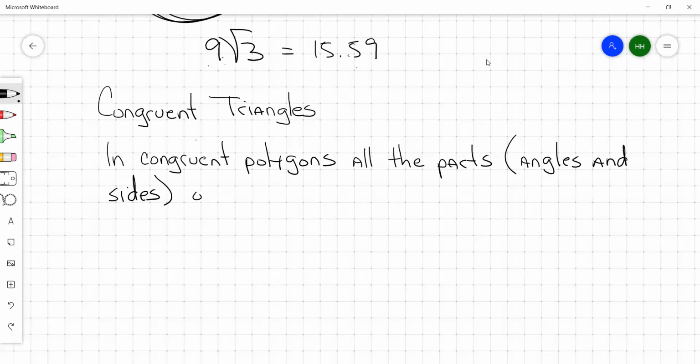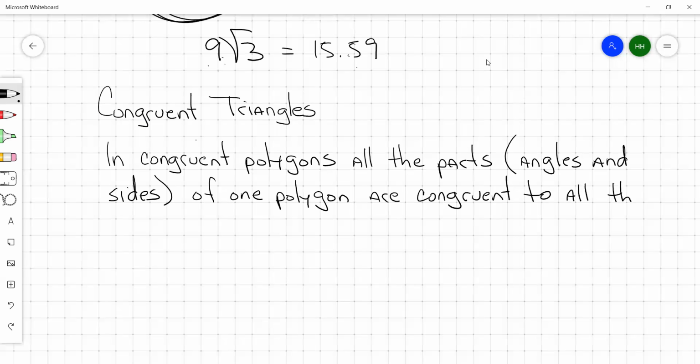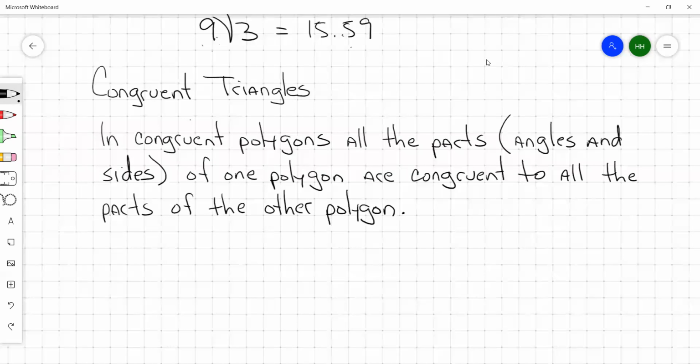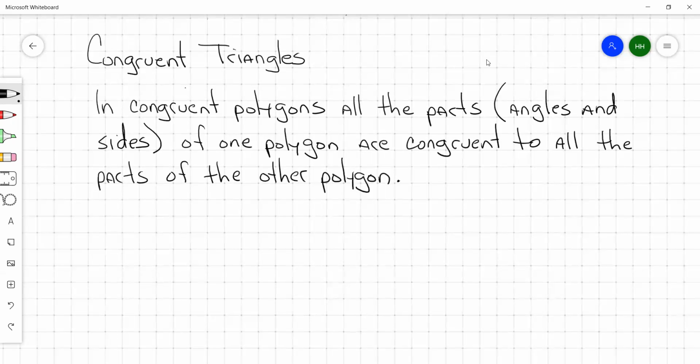All the parts of one polygon are congruent to all the parts of the other polygon. So the way that this refers to congruent triangles, we could say that in congruent triangles, all the angles and sides of one triangle are congruent to all the angles and sides of the other triangle.